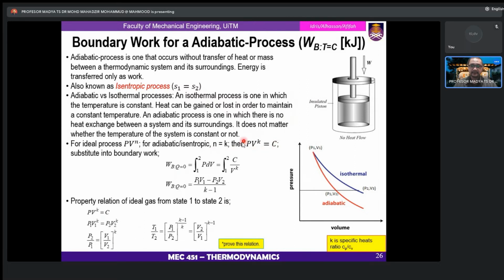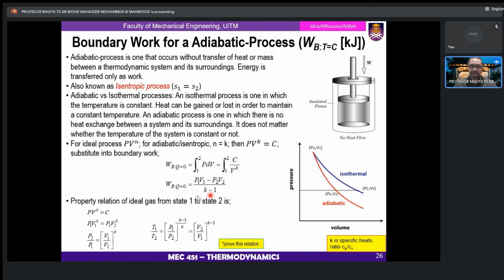So you can rearrange these equations. In this equation, for P you can put C over V to the power k as the replacement. Integrating these equations gives the final equation for work that will be used to calculate the adiabatic process.